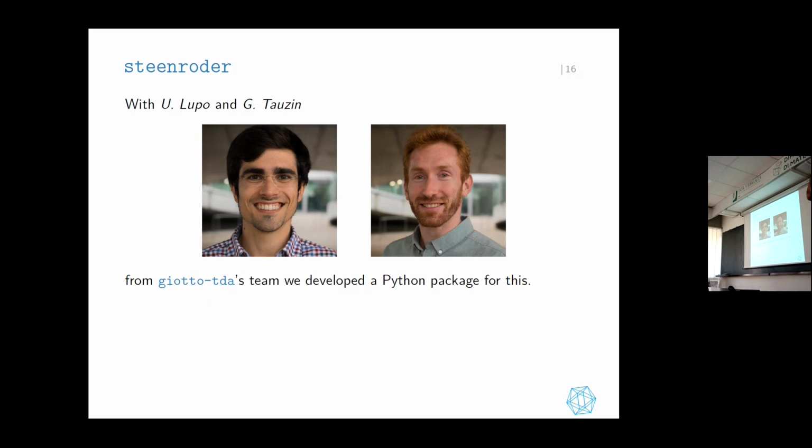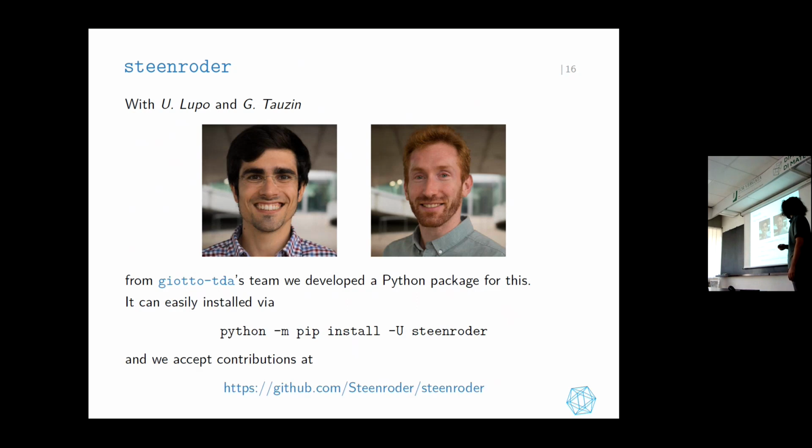We have 2 implementations: a C++ implementation that hasn't been properly tested, and a Python implementation that has been accelerated with just-in-time compilation using Numba. It runs pretty fast. And that Python package is available by just using this command. And we are accepting contributions at this URL.